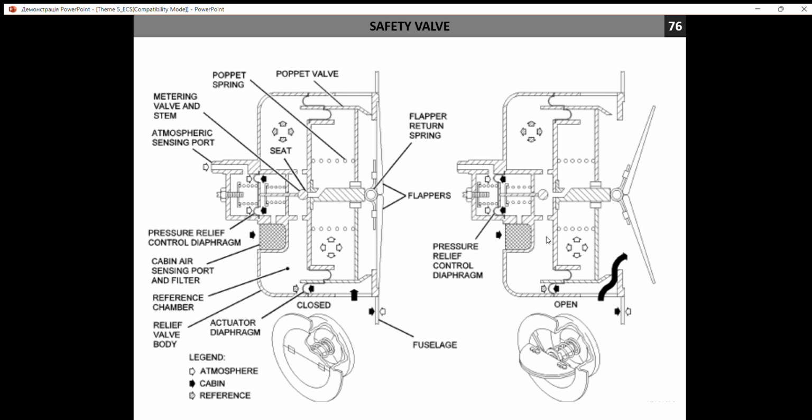So we cannot maintain high pressure here, and it means that the cabin pressure will also act on this chamber and push it left, and we will pull our valve, and now you may see the gap that appears between the fuselage skin and the valve. Now the air from the cabin may go outside.